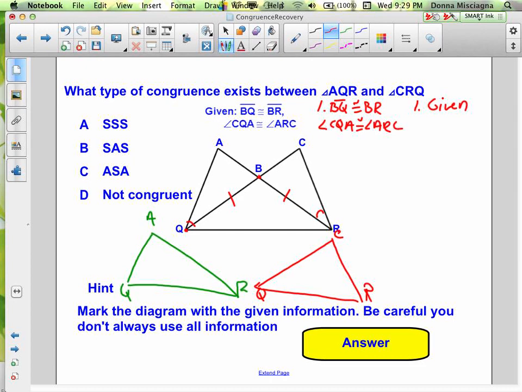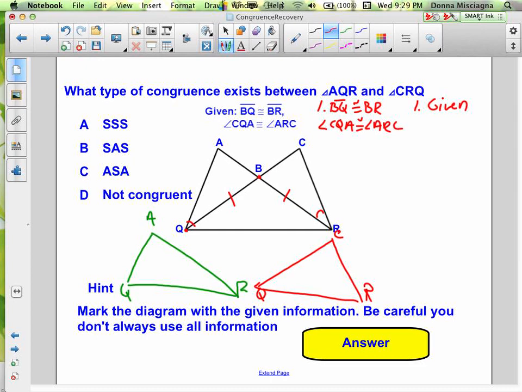We got nothing to mark. Well, maybe we can use some of that given information to find some information that would help us. We're going to use that given information, because they wouldn't give it to us if it wasn't helpful.